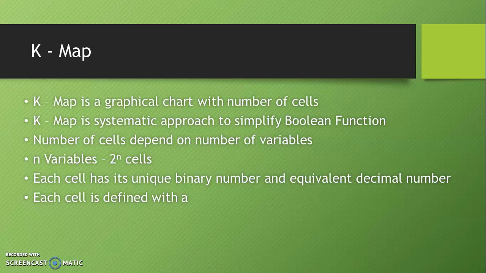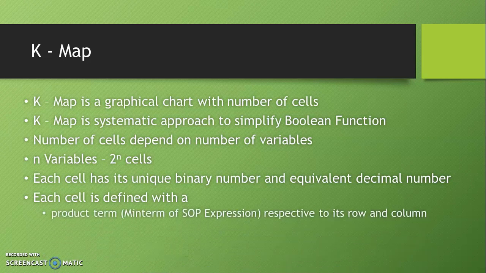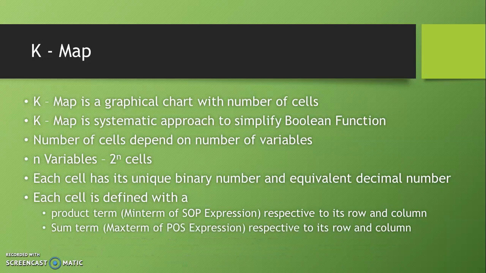Each cell can be defined with either a product term, that is the min term of the SOP expression of the Boolean function respective to its row and column, or with a sum term, that is the max term of the POS expression of the Boolean function respective to its row and column.